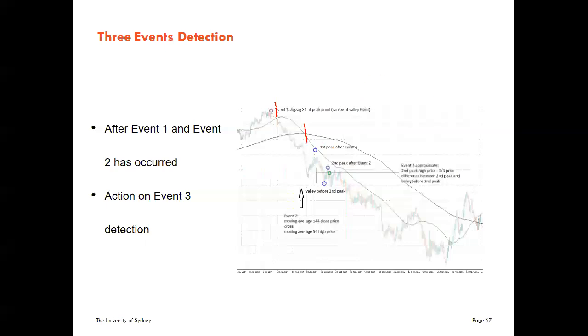If this is our event 1 and this is our event 2, we want to find a point in time after which the market will go down and not go up, and there are some conditions to that. If you look at the graph here, this is the point after event 2 has happened, after which the market has gone down only. It has not crossed this point after that.